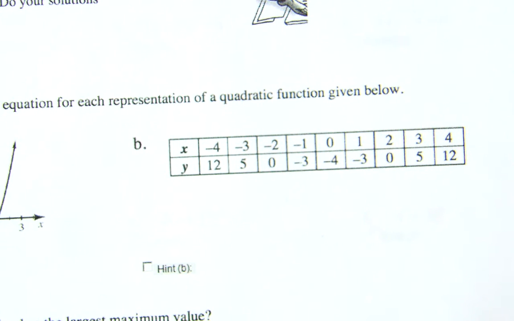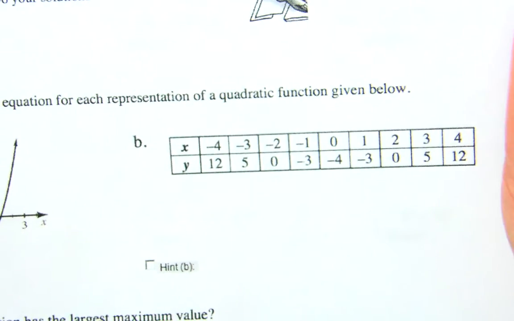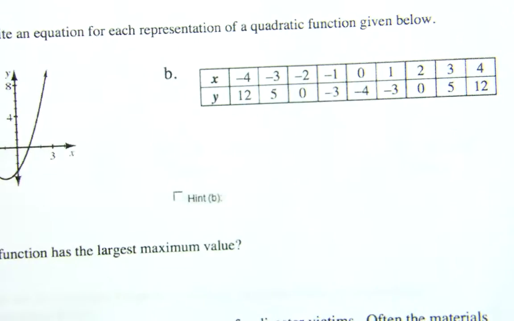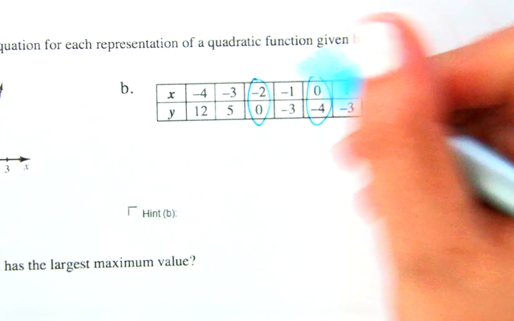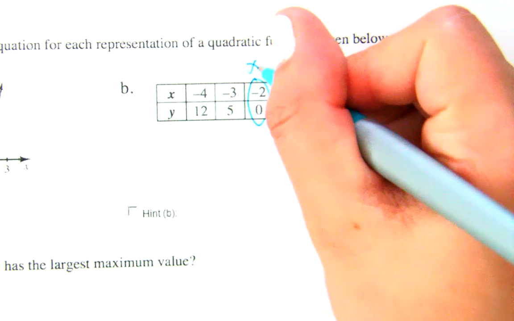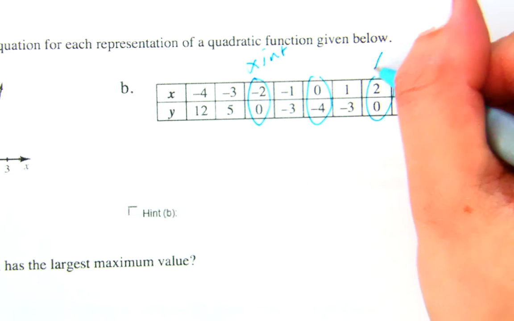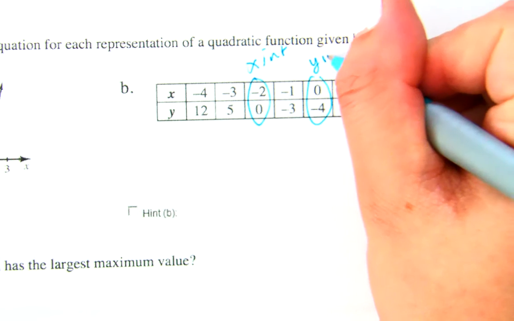Write an equation for each representation of the quadratic functions below. I'm not going to do both of these. Okay, first of all, let's just make sure you identify the right things. So we have the two x-intercepts and the y-intercept.